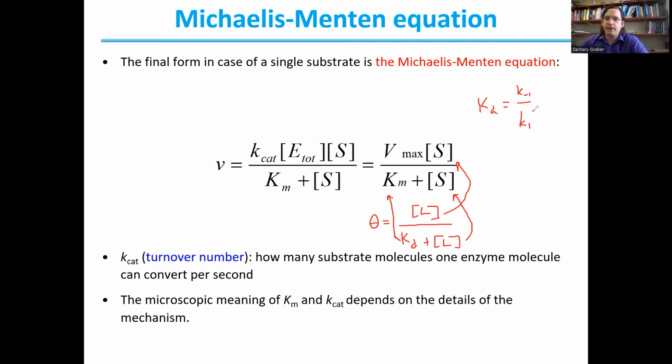My original definition of the Km was K minus 1 plus K2 over K1. So Km actually equals the Kd if you have very small values for the K2.